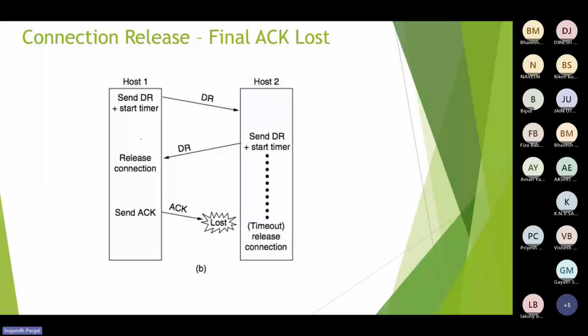There might be a case where host 2 has given the disconnection request to host 1. So it releases the connection and sends the acknowledgement. However, that acknowledgement gets lost. So host 2 will wait till the timeout, and then it will finally release the connection itself.